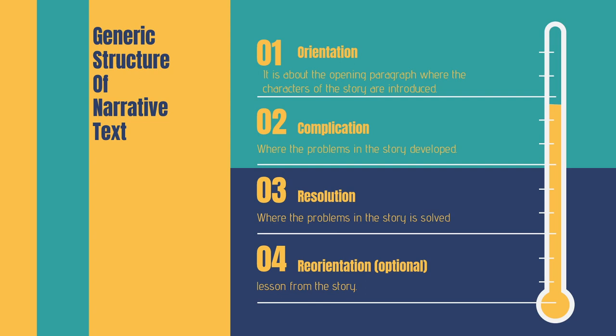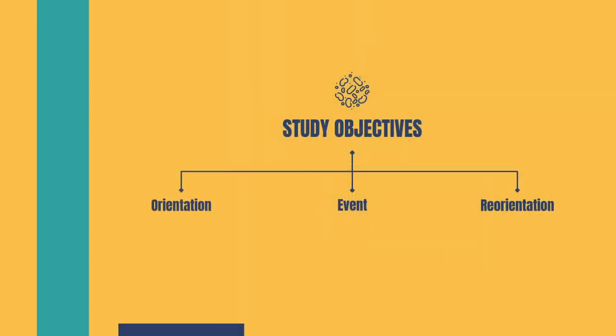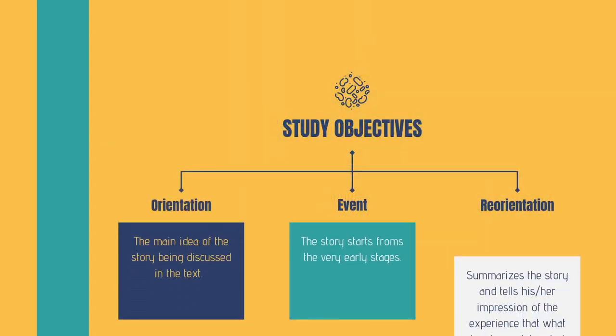You can use it or not, but a lot of authors use it because it will make the story better. And that is reorientation. Once again, it is optional. It's a lesson from the story. Okay. Generic structure of recount text.